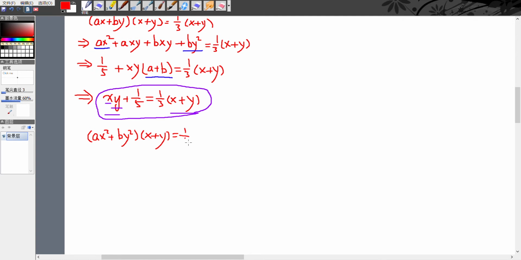Likewise, ax cubed plus by cubed plus xy times ax plus by is just the simplification of the result that we'll get after multiplying these two terms, equals 1 over 5 times x plus y.